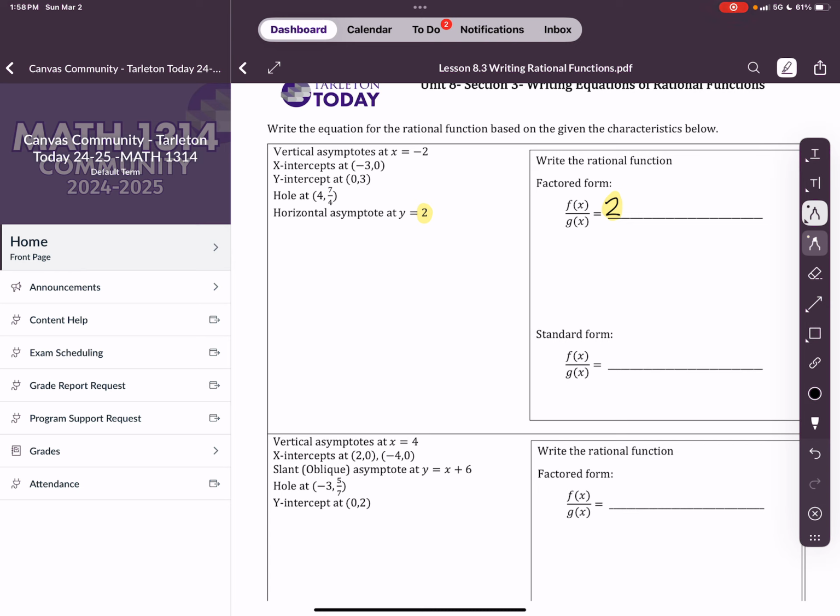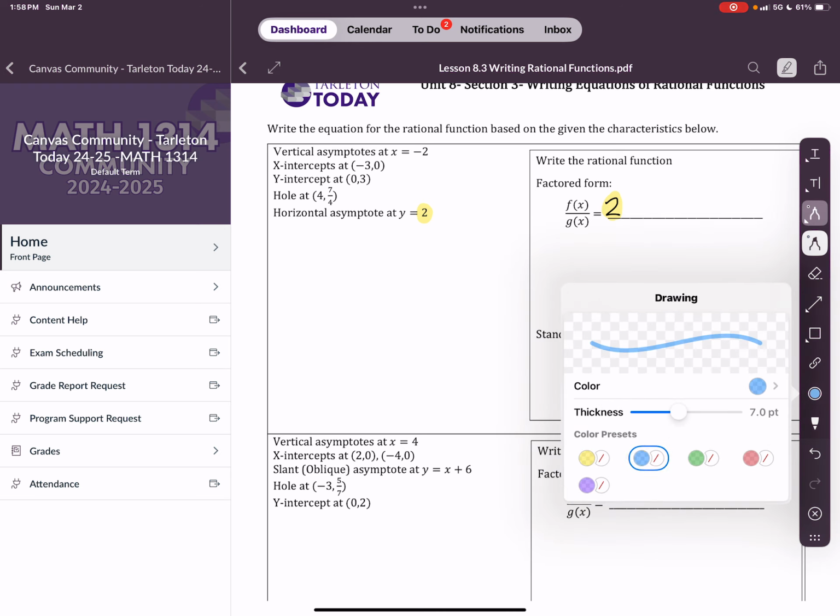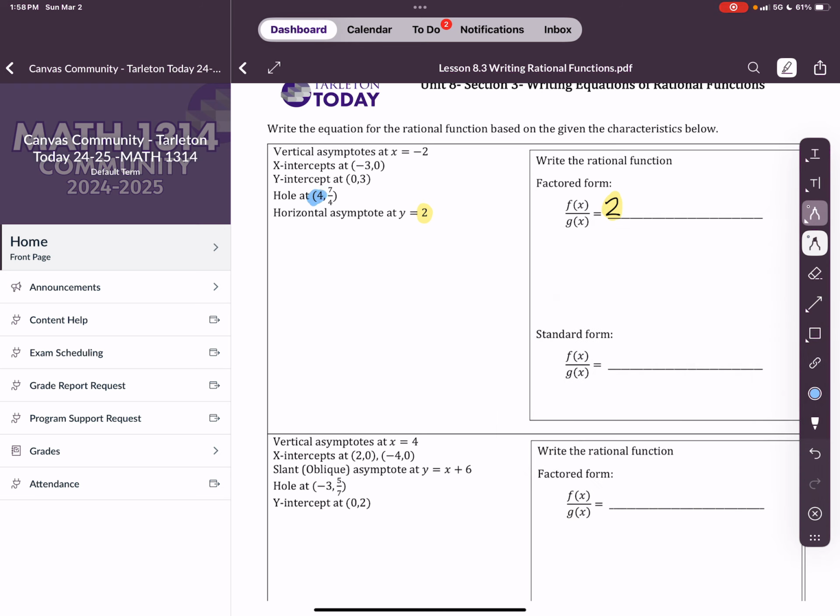Now notice this one has a hole. And we know it because it literally says hole. So we have a hole at 4. Because it's a positive 4, we know we have to have x minus 4 in the top and the bottom. Okay? So this comes from our hole. Then the next thing we know, on our top, we need to have our x-intercept.